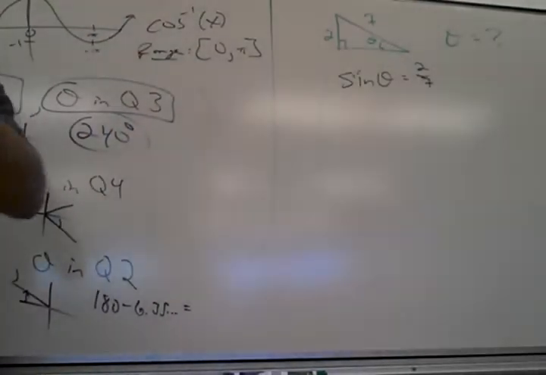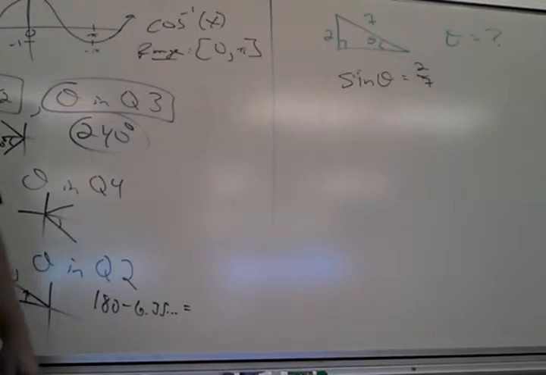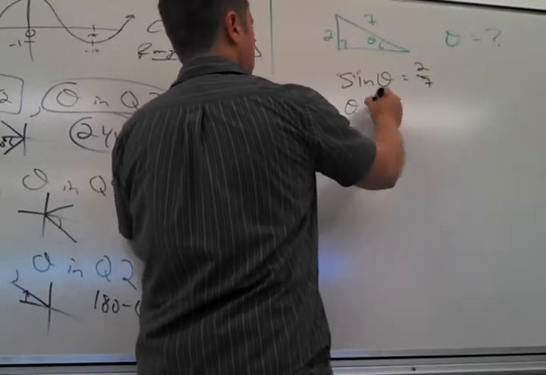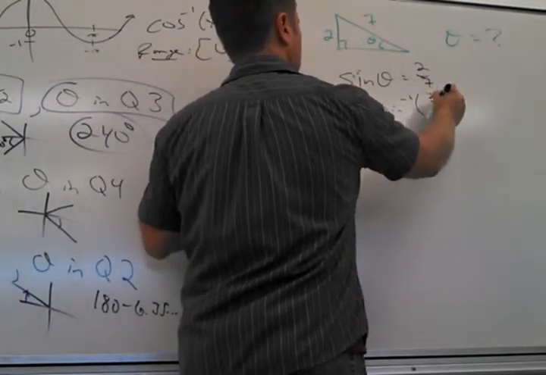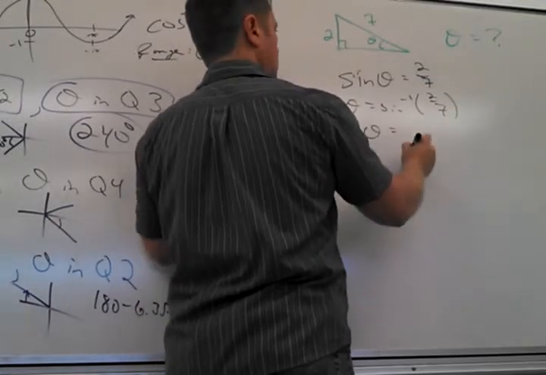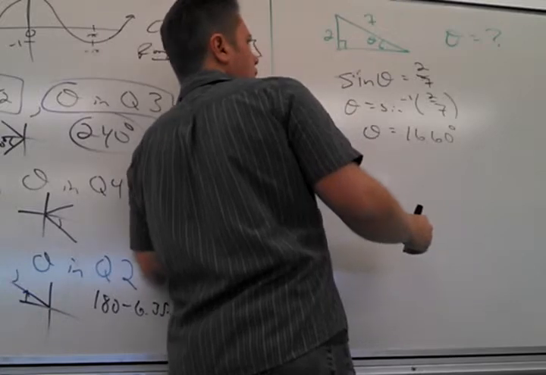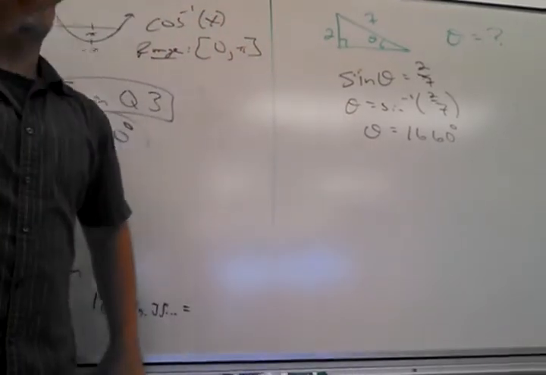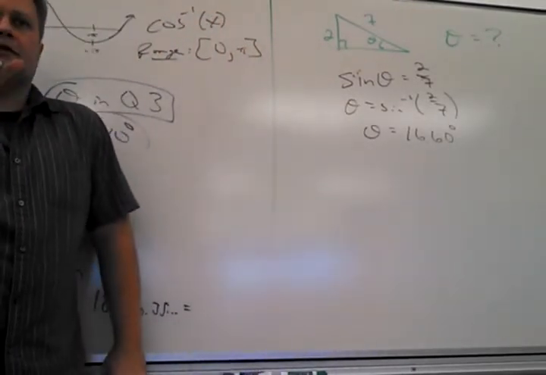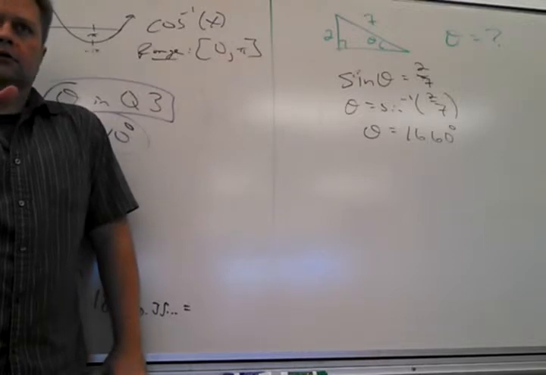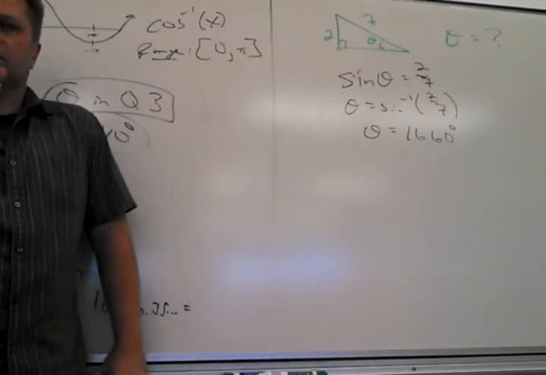Inverse sine, depending on if I say degrees or radians. So if you do the inverse sine of both sides, what do you guys get? 16.60. And the nice thing here is you just have to make sure that your angle is where?